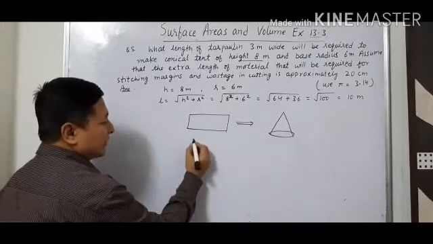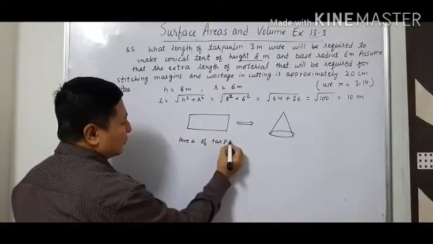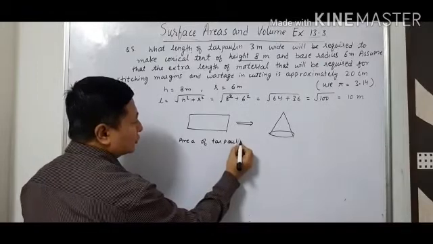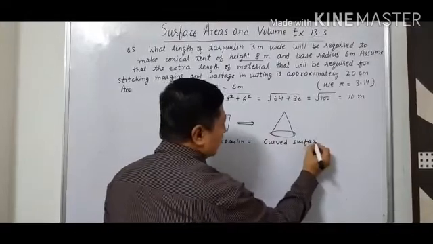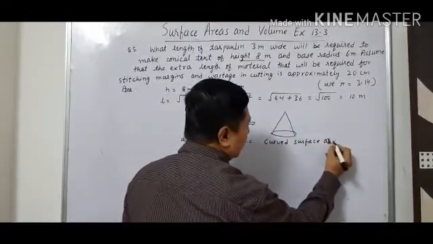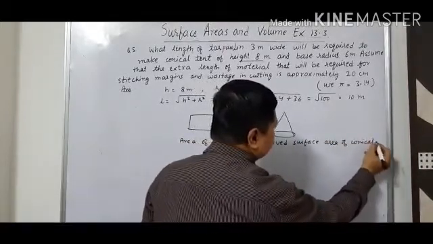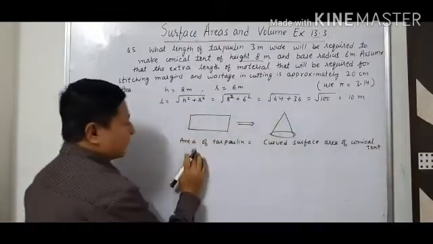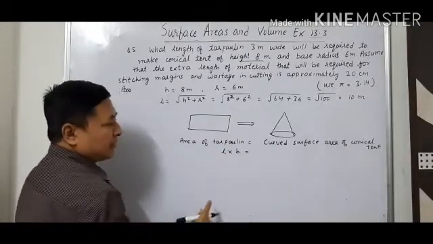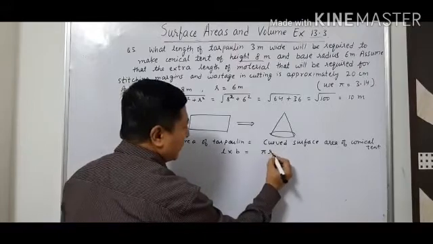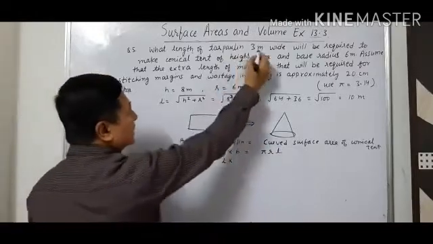So the area of tarpaulin will be equal to the curved surface area of the conical tent. The area of tarpaulin, since it is a rectangle, will be L into B, and curved surface area is given by pi r L. Length we have to calculate. The breadth is given, that is 3 meter.